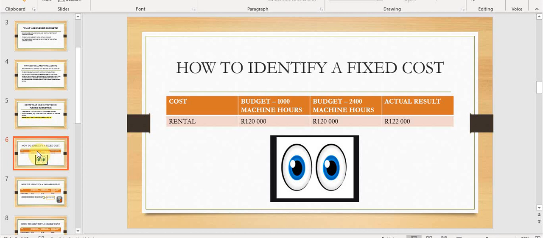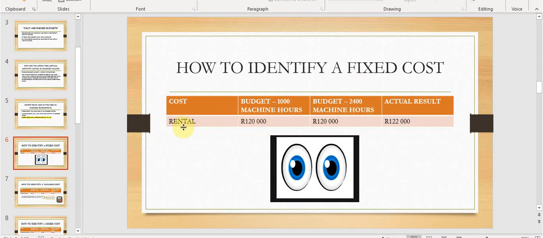All right, so the first one is the easiest one, and that is the fixed cost. The fixed cost is a cost that is the same at all budgeted levels. If we look at this little example that I've typed here on rental, you will see that we have a budgeted level for 1,000 machine hours, and we have a budgeted level for 2,400 machine hours.